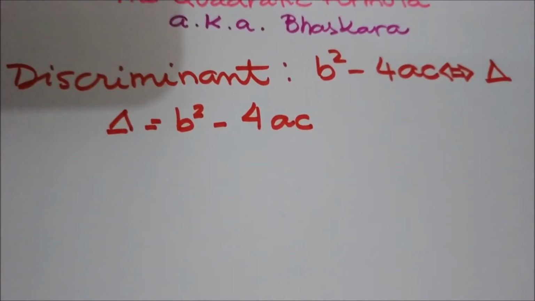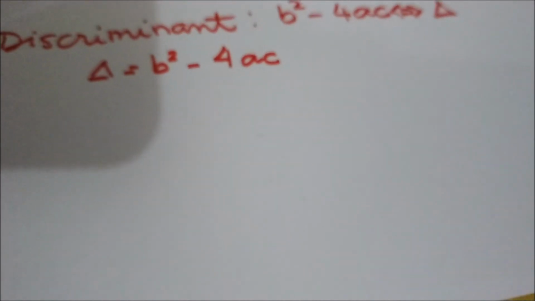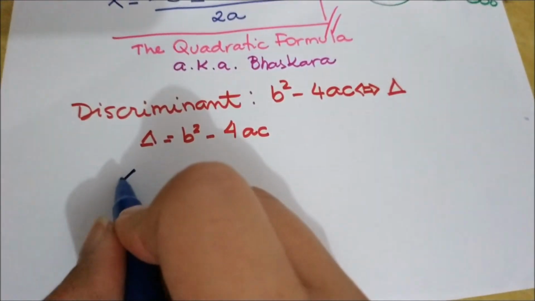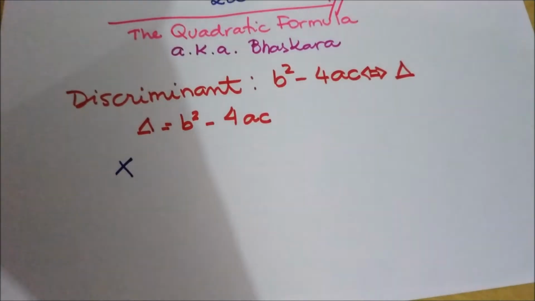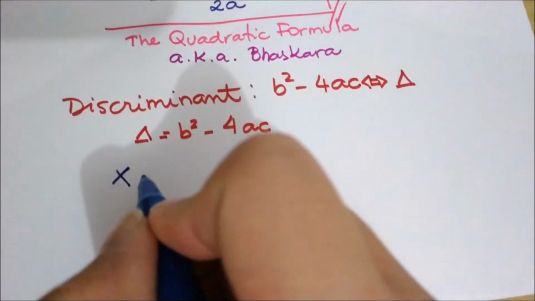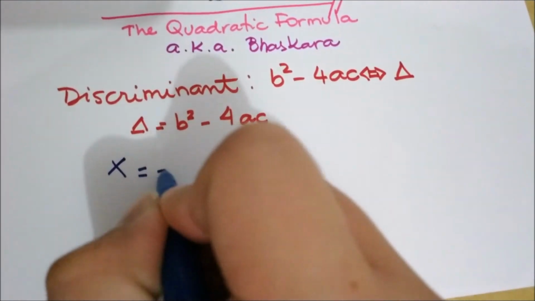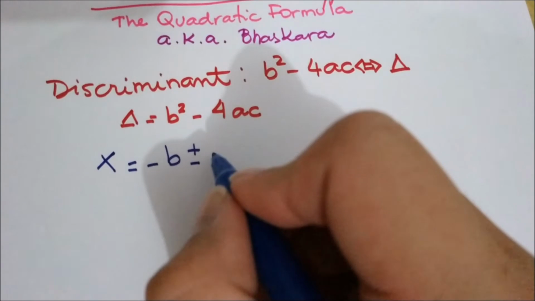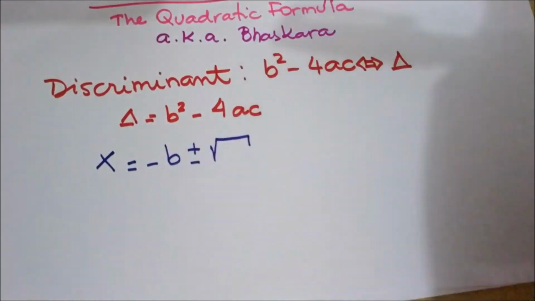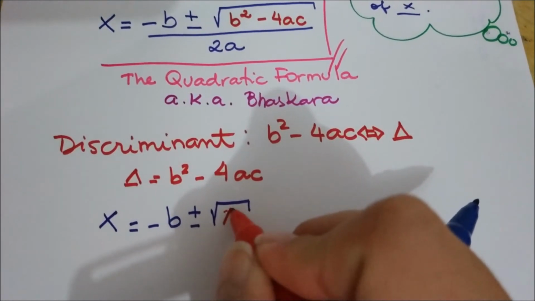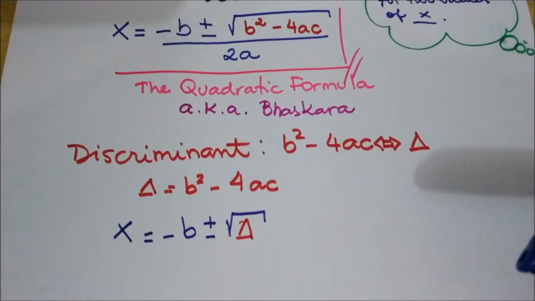Okay? And then we could rewrite the quadratic formula with x equals minus b plus or minus the square root of delta.